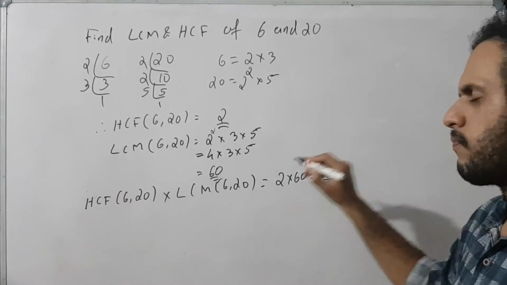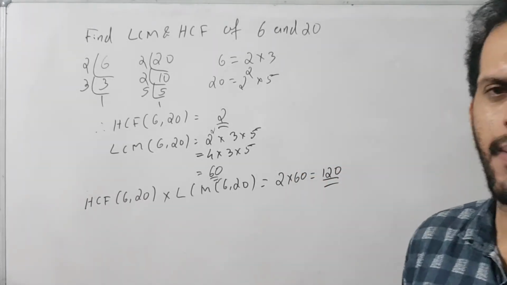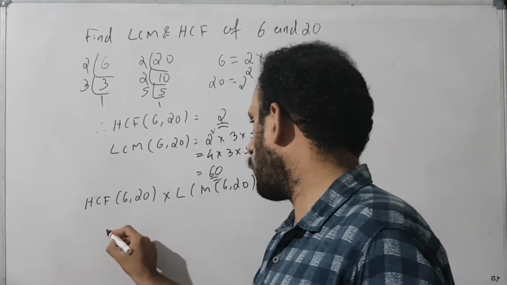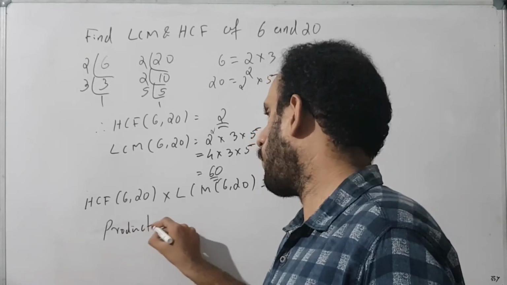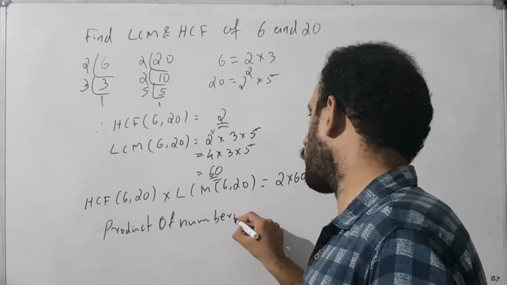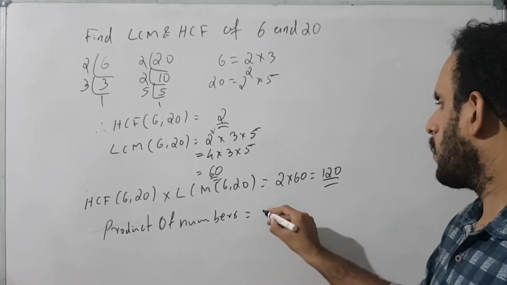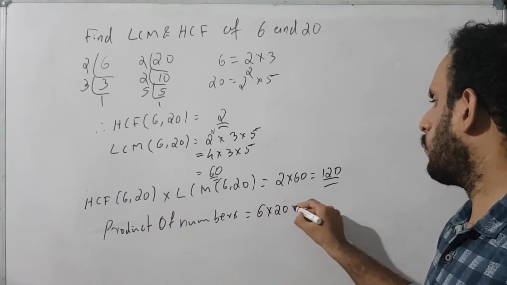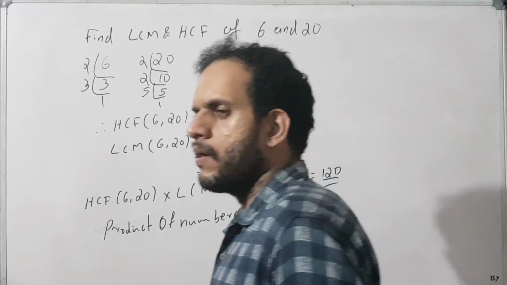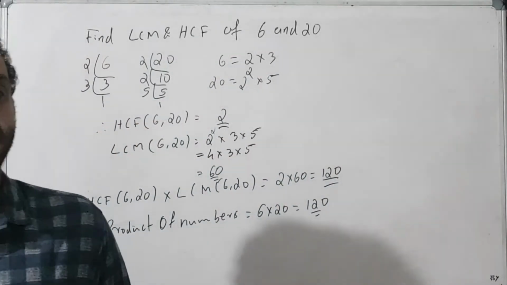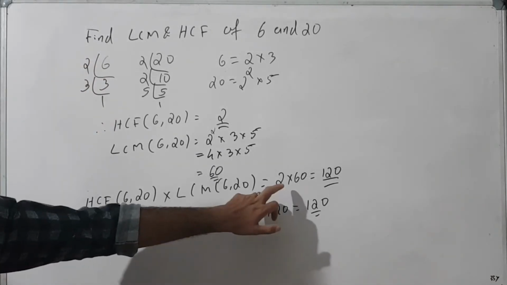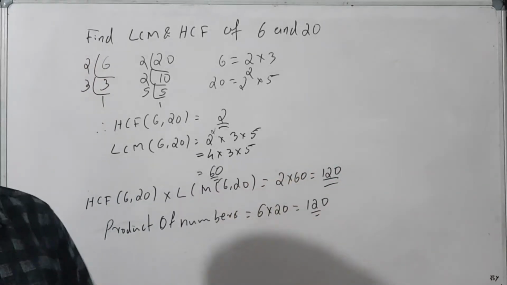Next, multiplying the positive numbers 6 and 20, the product of the numbers is 6 into 20, which is also 120. Then what did we get? The product of two numbers is equal to the product of their LCM and HCF.